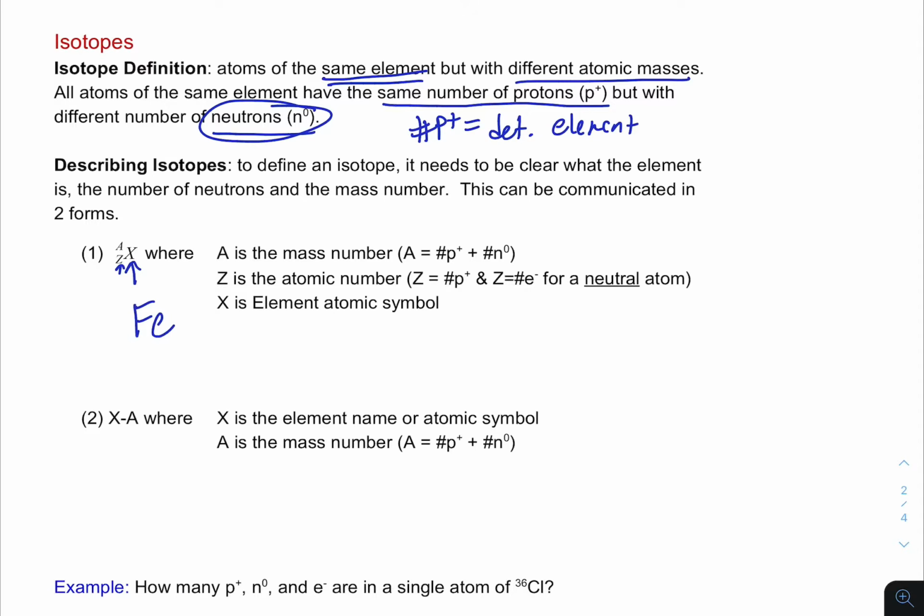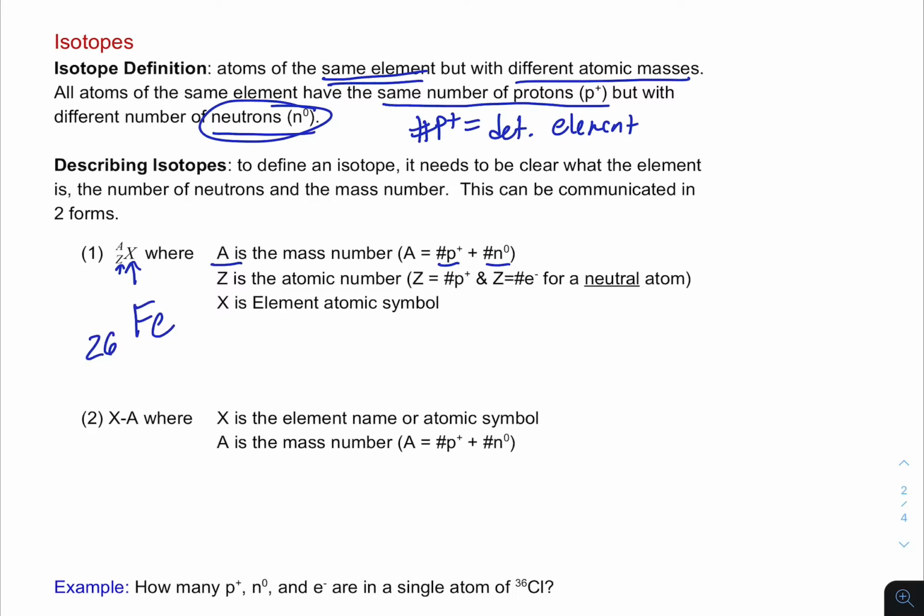And that atomic number we can just find by looking at the periodic table, and every atom has a specific atomic number. So if we went to the periodic table, we would find iron is atomic number 26. And what that means is that it has 26 protons, and it has 26 electrons as a neutral atom. We also have A, which is the atomic mass number, and this is the number of protons and neutrons.